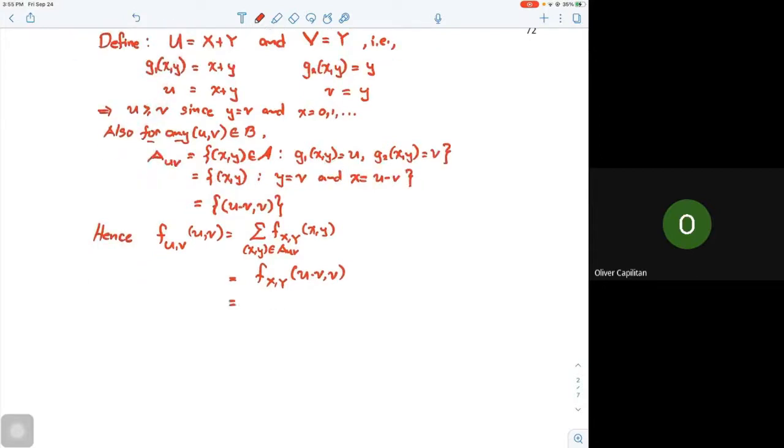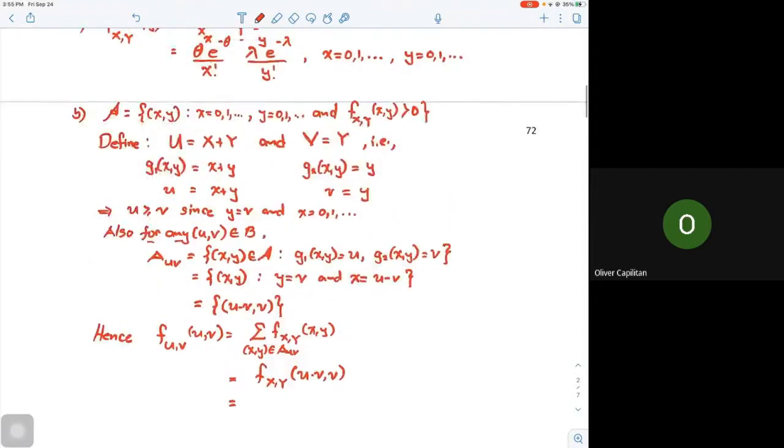As I've said, we can use the probability distribution of the random vector xy. So we just replace x there by u minus v and replace y by v.